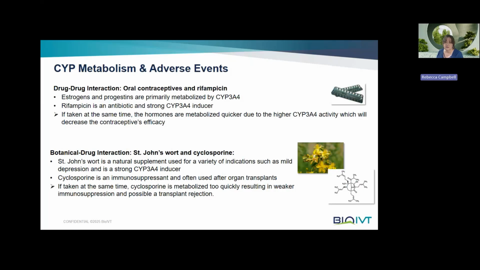One of these is with cyclosporin, which is an immunosuppressant and often given to organ transplant patients. As in the previous example, if St. John's wort and cyclosporin are taken at the same time, it causes cyclosporin to be metabolized too quickly. This results in a weaker therapeutic effect, and in other words, weaker immunosuppression and possible transplant rejection.